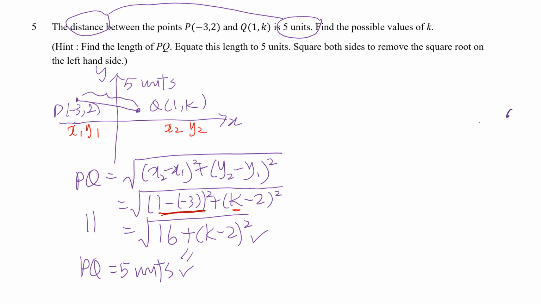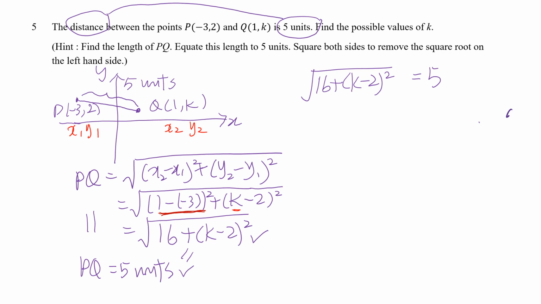So square root of 16 plus bracket k minus 2 squared will be equal to 5. Right, so the next thing is that I need to solve it. To solve it means to find the values of k. So how do I get rid of this square root?